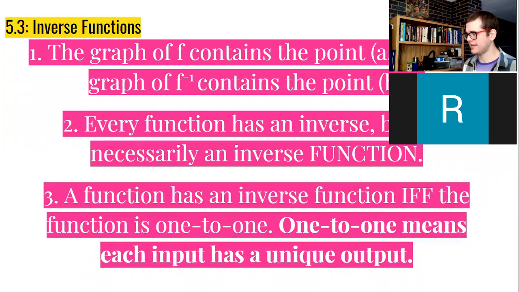A function has an inverse if and only if the function is 1-to-1. This is kind of new. We never put it in these words last year, so this is slightly building on that. 1-to-1 means that each input has a unique output. Remember, each input having exactly one output means it's a function. This is talking about a 1-to-1 function.